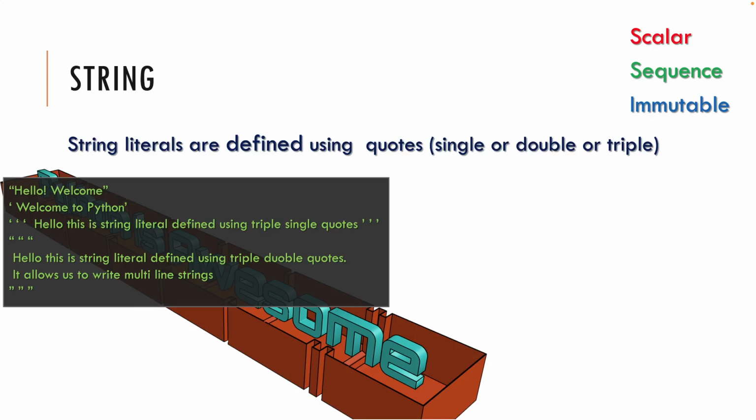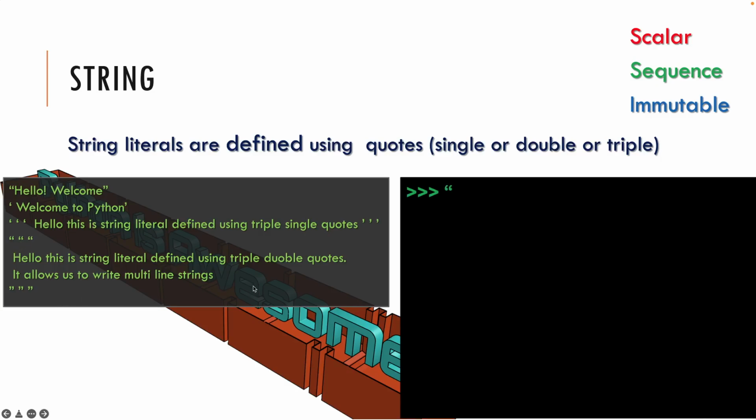You can define it using double quotes or single quotes, and also using triple quotes, which gives a multi-line string. With double quotes you can't write the text in multiple lines, but using triple quotes you can write it in multiple lines. So this is the syntax: you can define a string using double quotes, single quotes, triple single quotes, or triple double quotes.